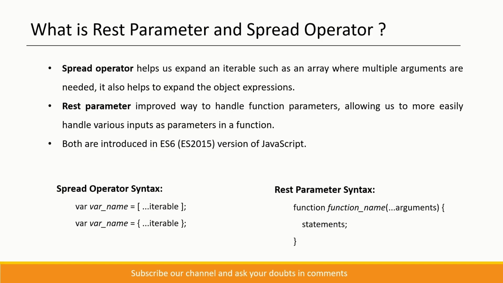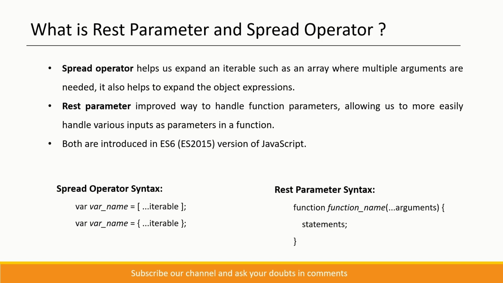Next, the rest parameter. It is an improved way to handle function parameters. It allows us to more easily handle various inputs as parameters in a function. Below you can also see I mentioned the rest parameter syntax.